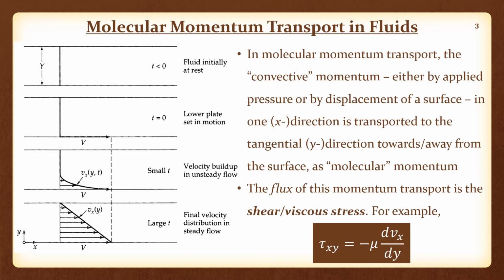Again, you see two directions involved. X velocity changing in the y direction, right? And that velocity gradient is the measure of the flux of this momentum transport. If there were no molecular momentum transport, in the case of the flow between two parallel plates, the entire fluid would have continued to move at the same velocity.